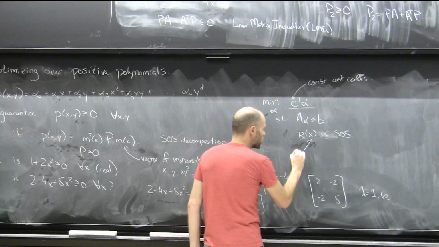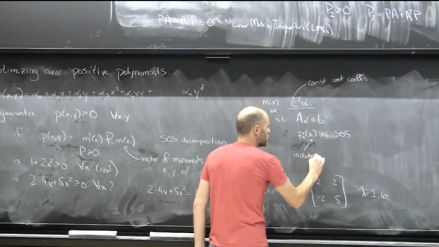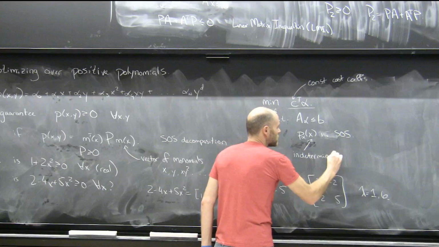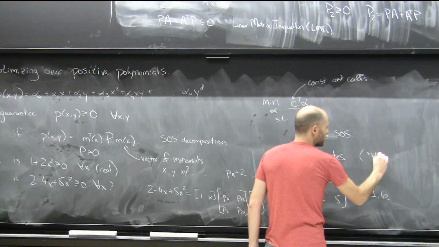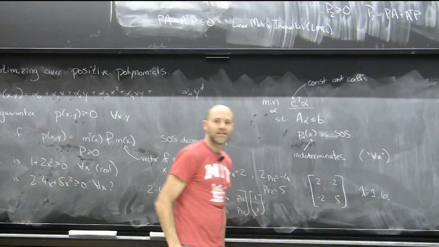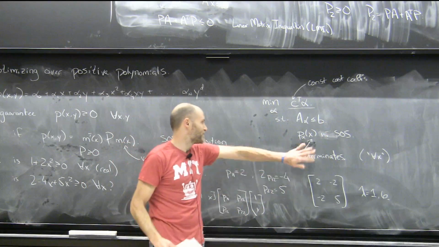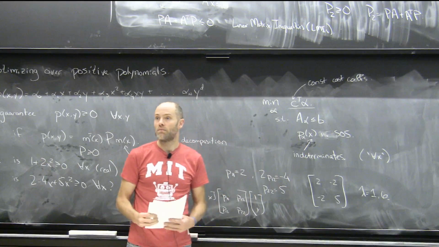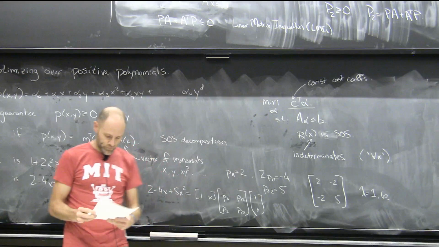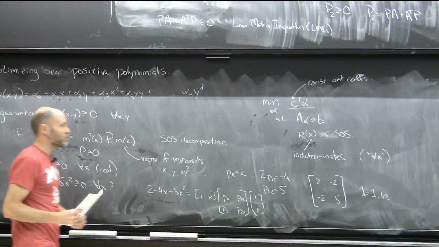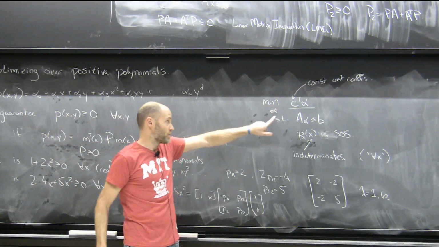X's are called the indeterminates. You should read that as, I want this to hold for all X. I don't know what X is, it's indeterminate, but no matter what X is, I'd like this to be positive, okay? So there are now two types of variables flying around in our sums of squares optimization, the decision variables and the indeterminates.